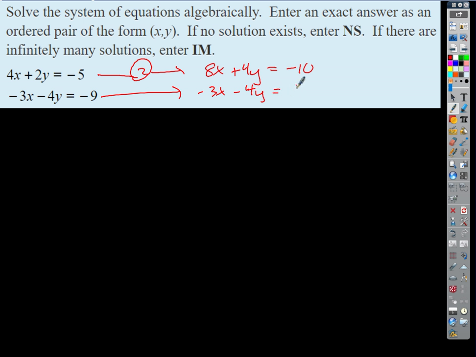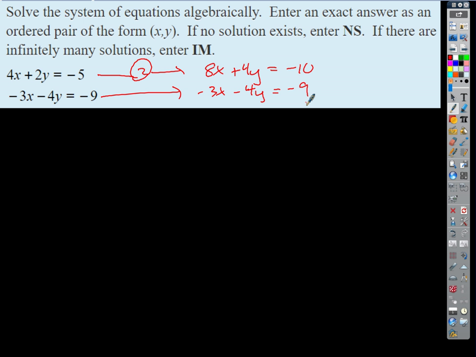How do you choose which variable to use, to get rid of? And how come you chose 2 instead of negative 4? Well, think about if I were going to get rid of the x's. I need everybody's attention up here, please. Thank you.